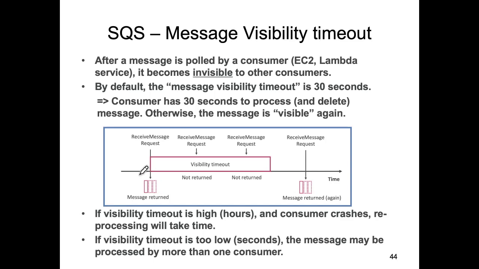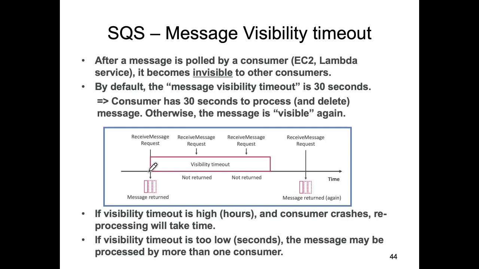So when the SQS service gives a batch of messages to a consumer, it starts a timer for that batch of messages called the visibility timer. And you can control what the duration of that is. The default, I think, is 30 seconds.